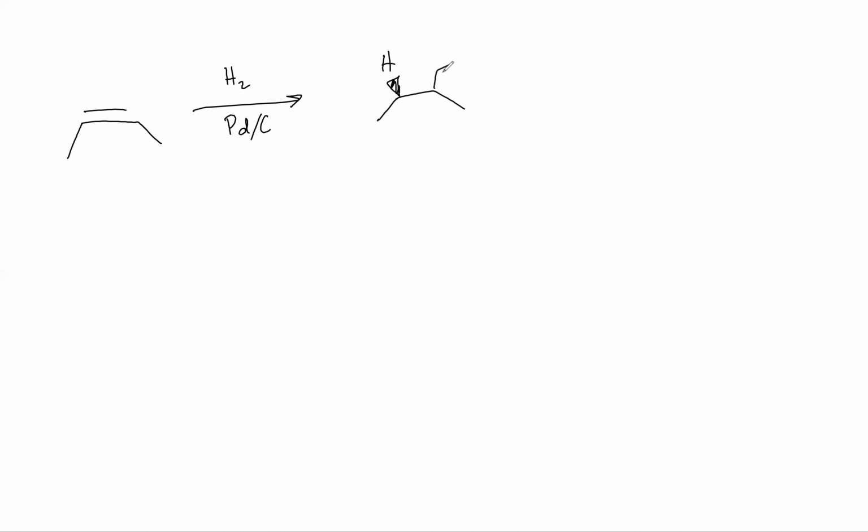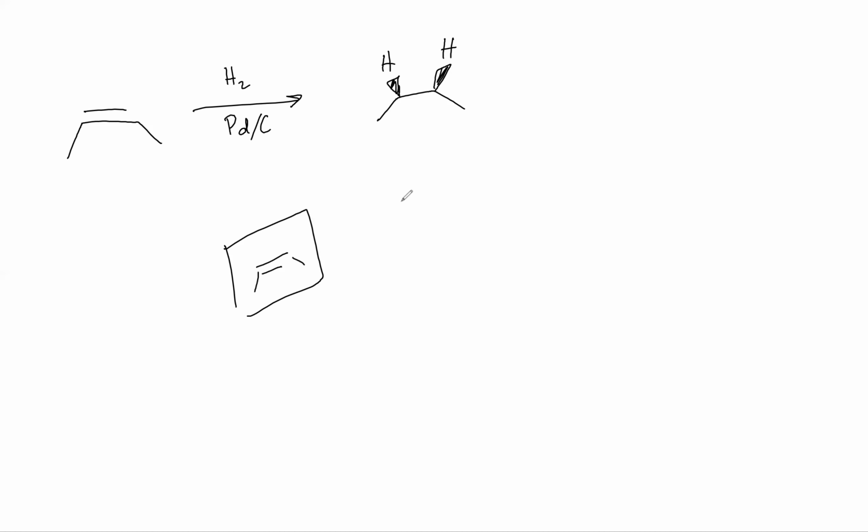So this is syn hydrogenation. And the reason why it's syn hydrogenation is, if we think about it, this is called hydrogenation. When we use the metal, what's going to happen is the double bond is going to kind of stick to that metal.